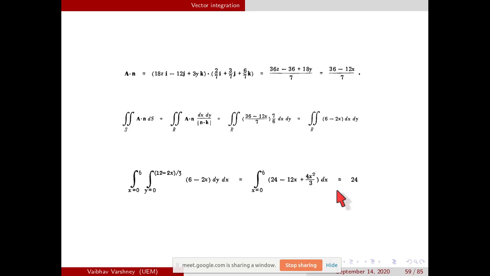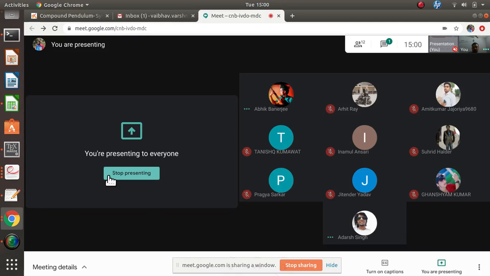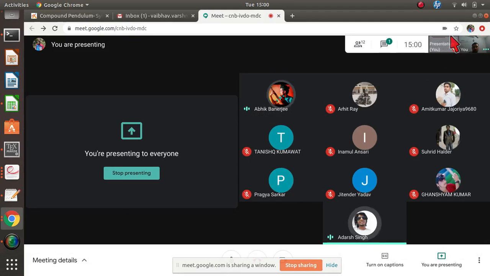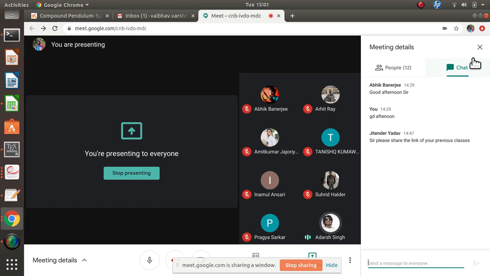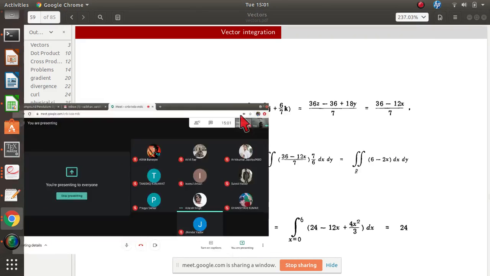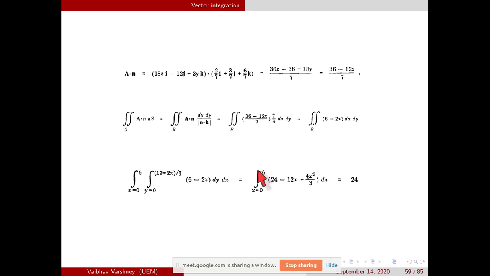Any problem in this question? Sir, I am not able to understand this slide, the surface integration. Just a minute. Okay, you didn't understand the full surface integration.